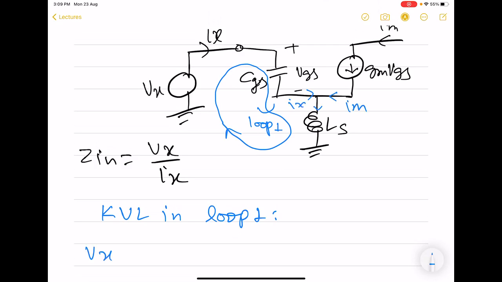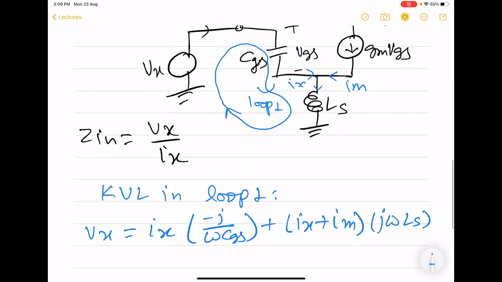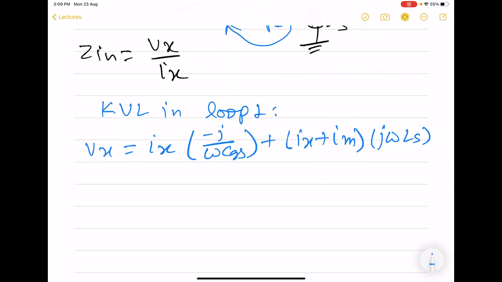So here we get Vx is equal to Ix into the reactance offered by the gate to source capacitor, which is minus j by omega CGS, plus the current flowing through LS, which is Ix plus Im, into its reactance, which is j omega Ls. So here we have an unknown current, this Im.